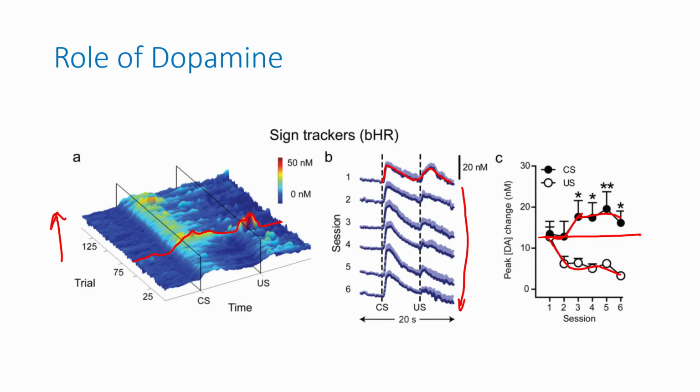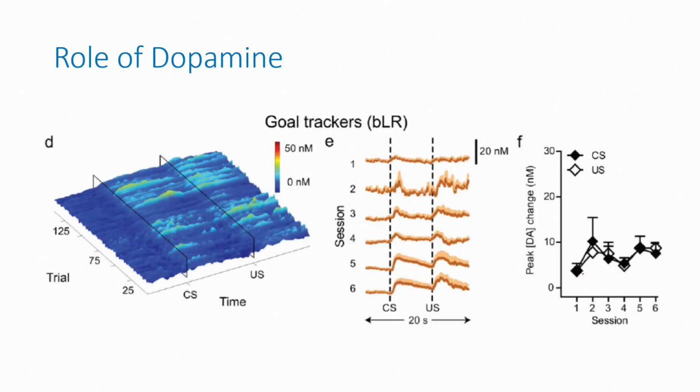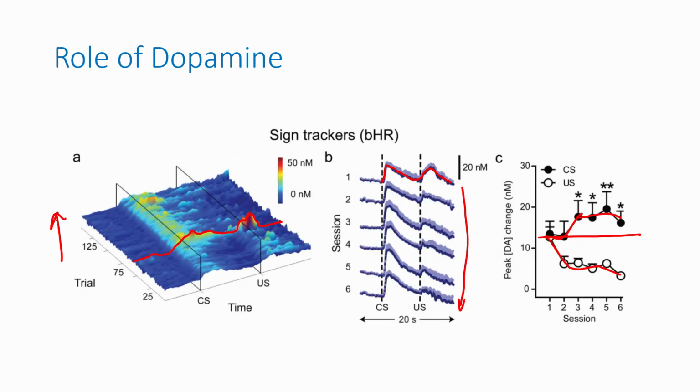Now, it is very strikingly different when it comes to the low responsive guys. But what you also want to note is the basal level of dopamine too. They are starting at about 12 nanomolar or something around, and they go up all the way to close to about 20 nanomolar.